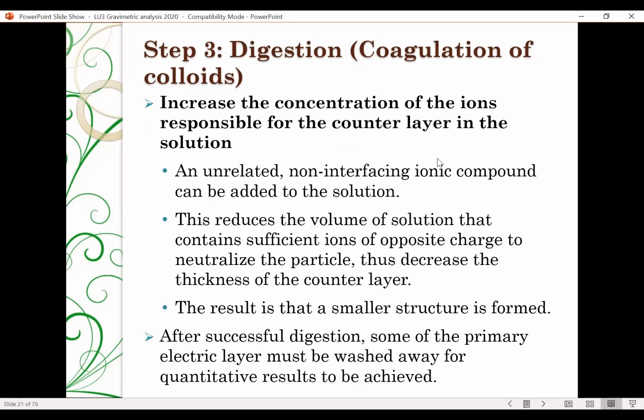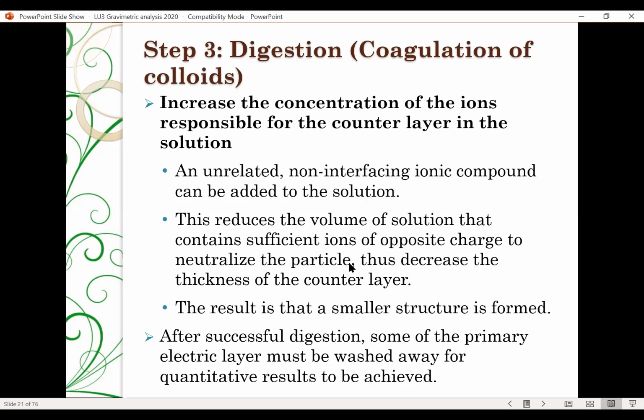All right, and when you increase the concentration of the ions responsible for the counter layer in the solution, you use an unrelated, non-interfering ionic compound. You add it into the solution. This will reduce the volume of solution that contains ions of opposite charge, which can neutralize the particles.